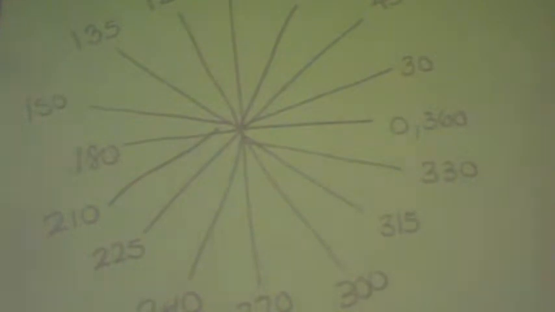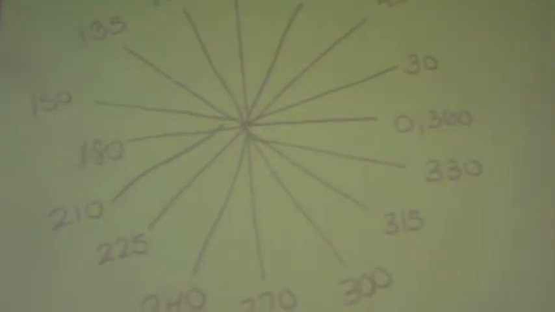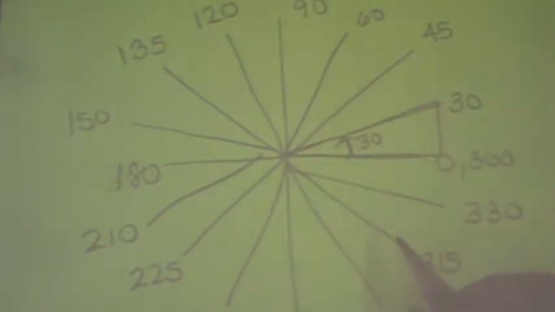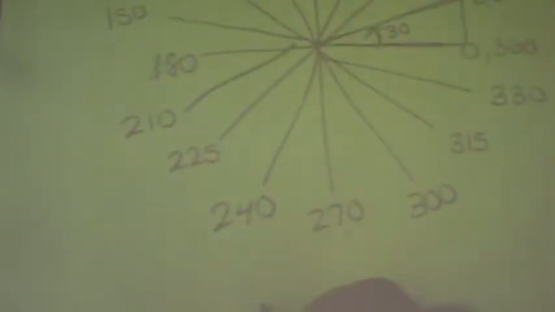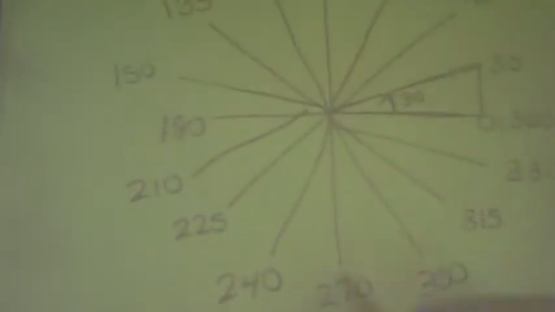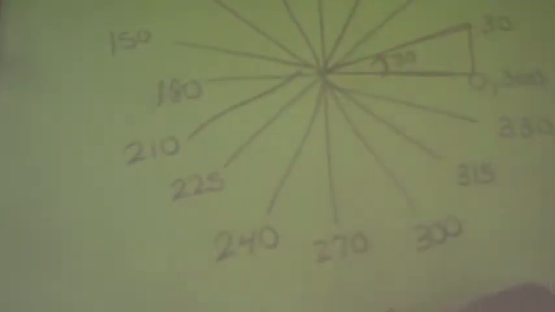So, what we did was we talked about if you have a 30-degree angle, here's a 30-degree angle. This measures 30 degrees, right? We talked about what sine, cosine, and tangent is. Sine is a ratio. It compares the side opposite over the hypotenuse. Cosine is a ratio.